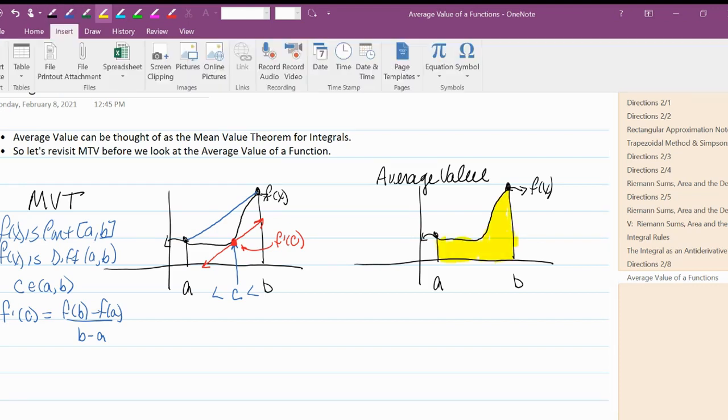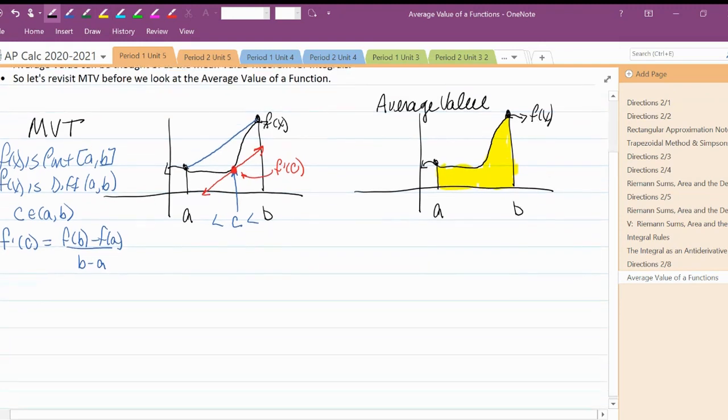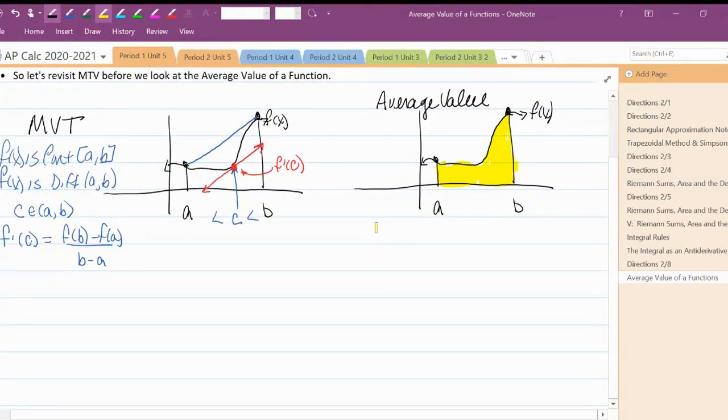So let's think about how do we calculate an average? Let's calculate your GPA, right? Grade point average.